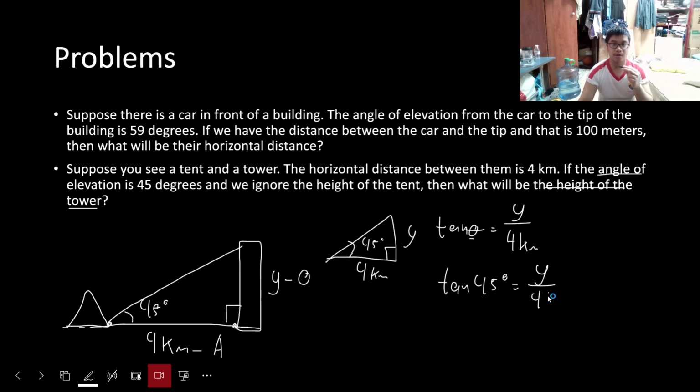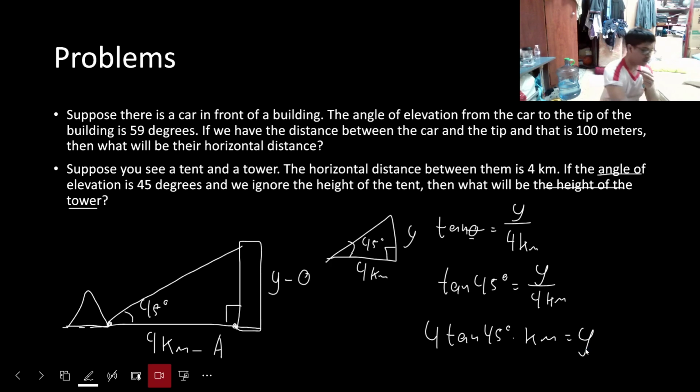Now for us to find our y, we're just going to put 4 kilometers beside tangent. So we have 4 times tangent of 45 degrees kilometers. If we use our calculator, I think it's also 4 kilometers, but let's take a look. Yeah, 4 kilometers exactly.